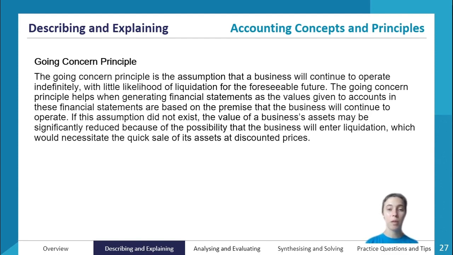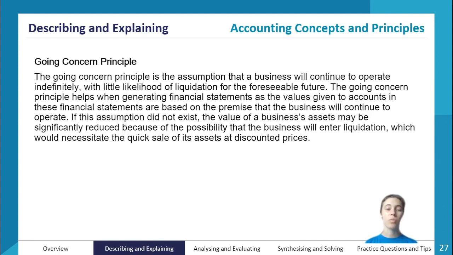So if the assumption didn't exist, then the value of a business's assets may be a lot less, because if it's likely that the business would end and be liquidated, then its assets would need to be sold quickly, probably at discounted prices, and would therefore not be deemed as valuable.